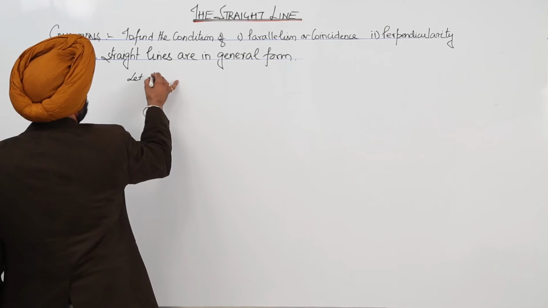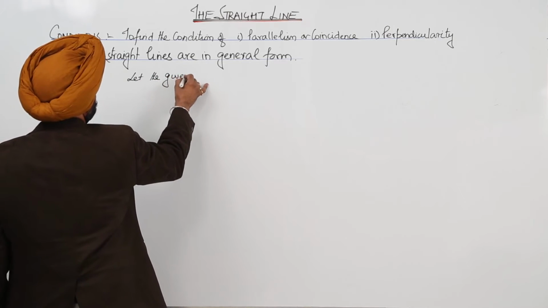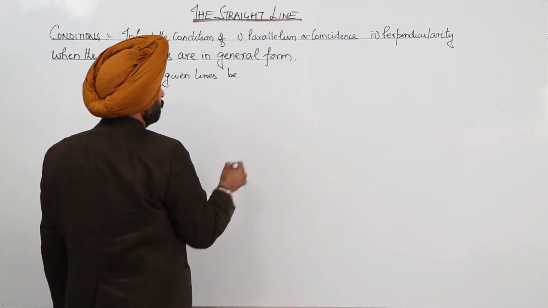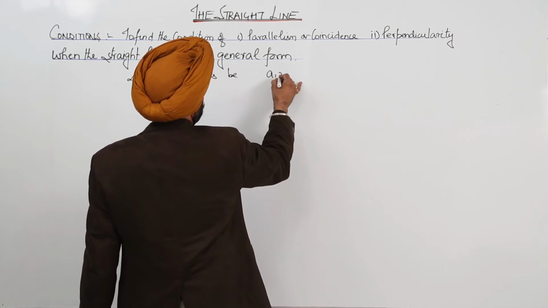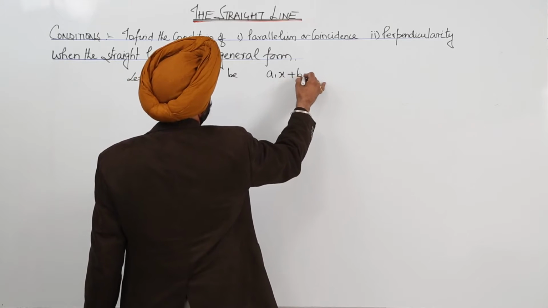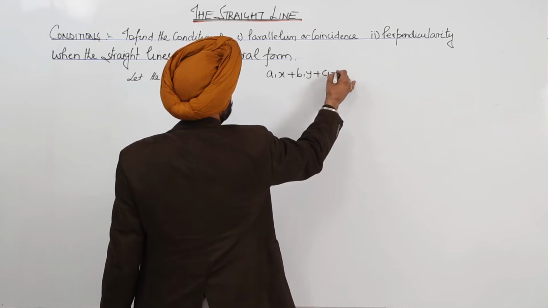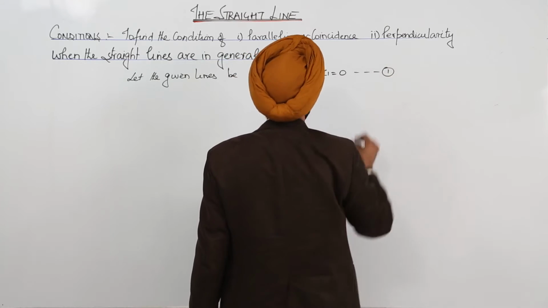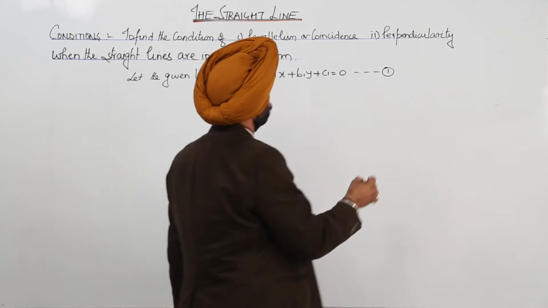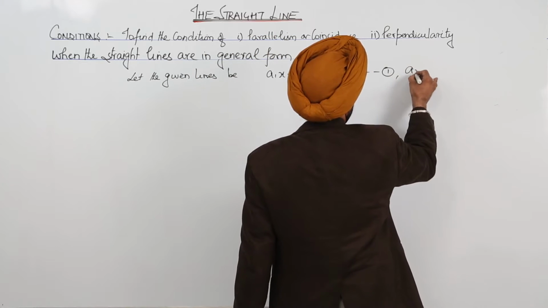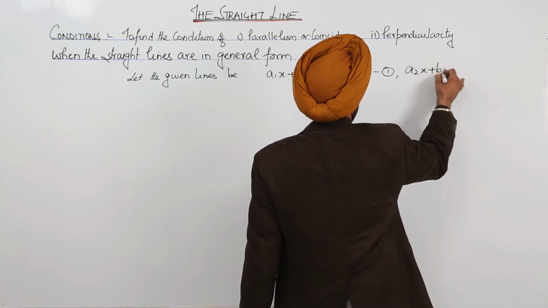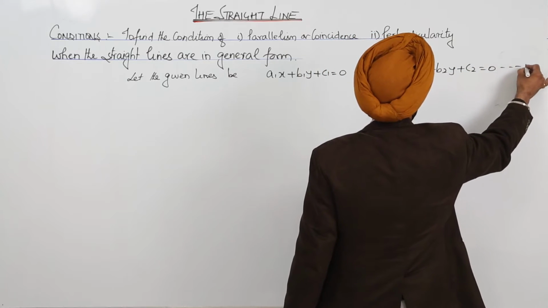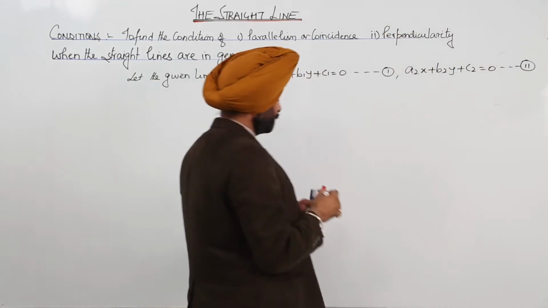Now let the given lines be a1x plus b1y plus c1 is equal to 0, line 1, and a2x plus b2y plus c2 is equal to 0, line 2.